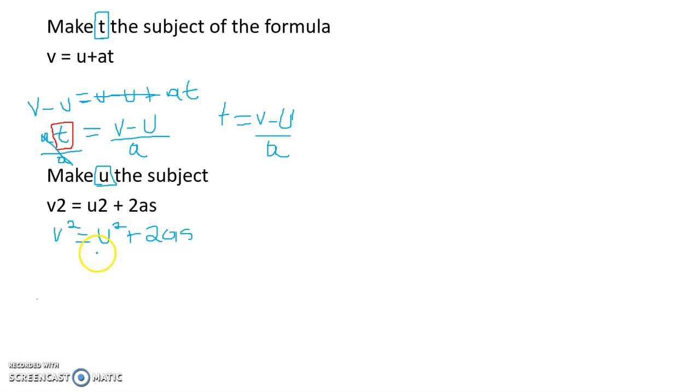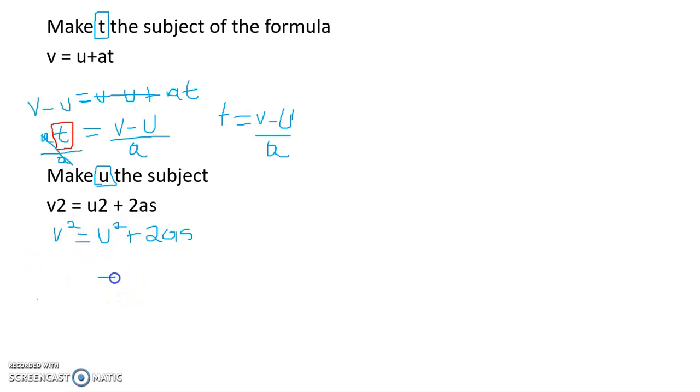Here we have u. Once there is a plus, an addition right here, we're going to see how best we can get rid of the addition first. We get rid of the addition right here, and we're going to do the same on the other side. So anything you do to one side, you have to do it to the other side.